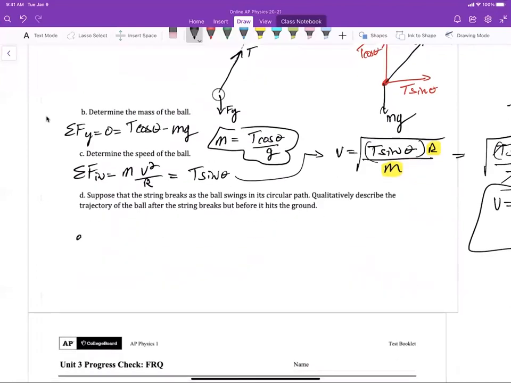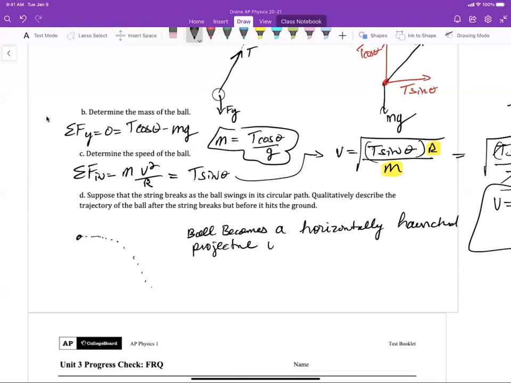So if I'm looking at it, the ball becomes a horizontally launched projectile with a parabolic path. Vx initial equals the tangential velocity, Vy initial equals 0.